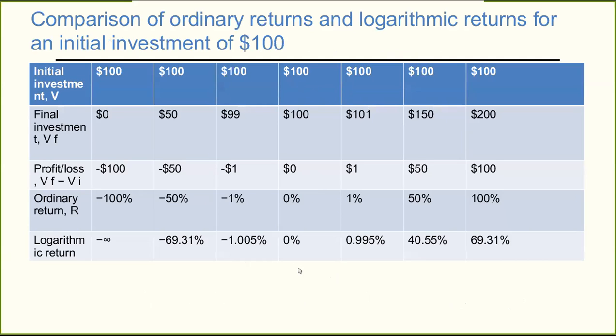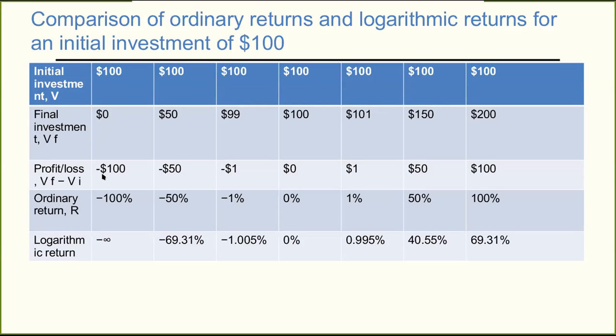We can see a comparison of ordinary returns and logarithmic returns for an initial investment of $100. So again, for any case, our initial investment is $100, and the final investment will be, in different cases you see, 0, 50, 99, and so on.